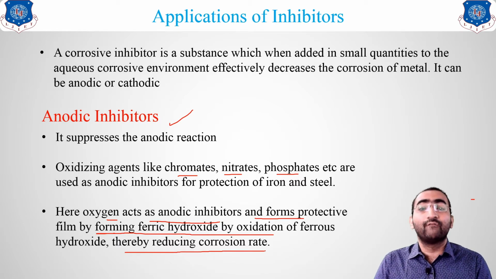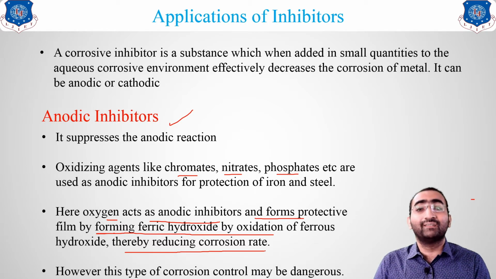Which layer? Ferric hydroxide, and as a result that is a passive film. So it will not allow corrosion to occur beneath that particular film. So in this way, by adding an inhibitor, we are either going for less anodic reaction, or we are making a thin film over the material.